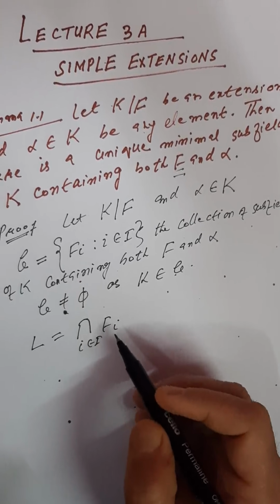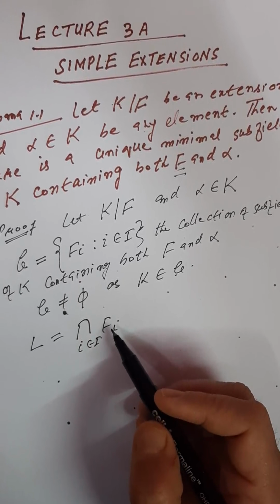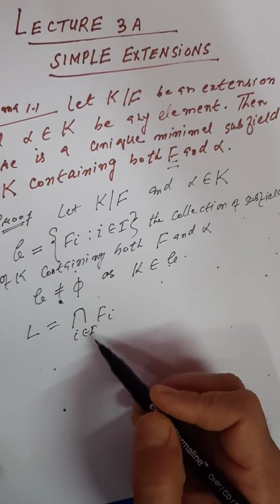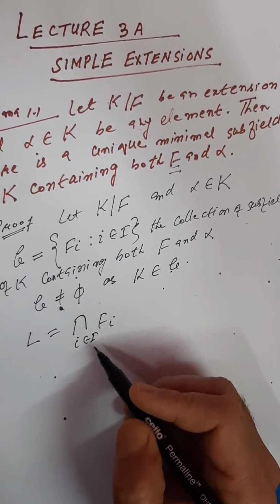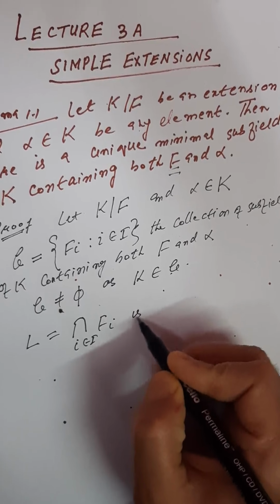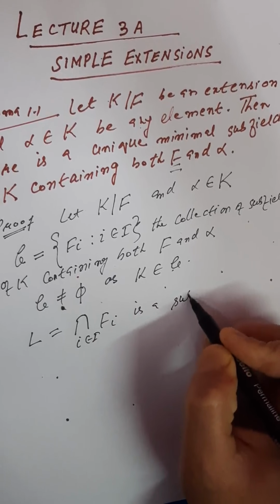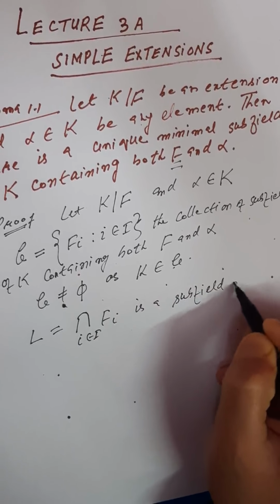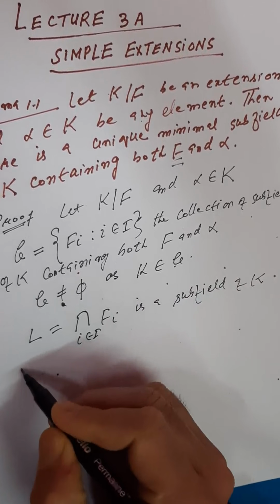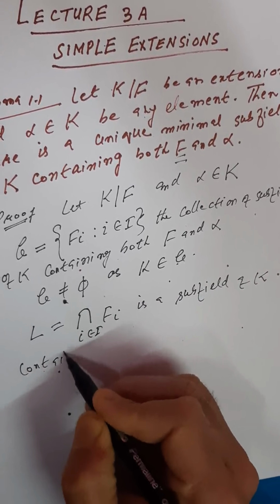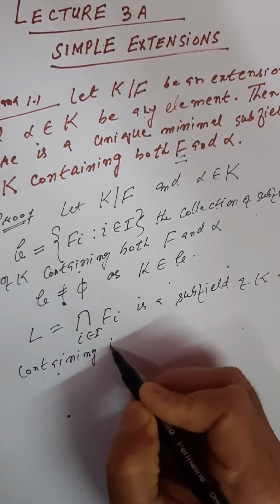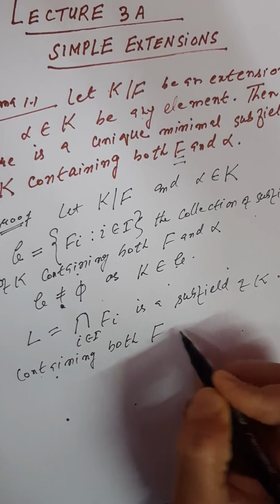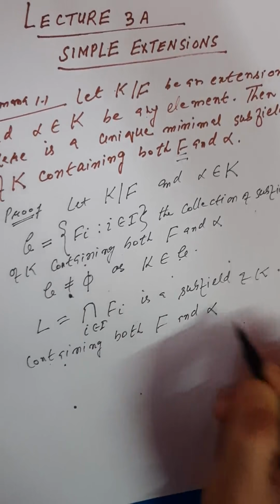Then obviously we know that the intersection of any number of subfields is a subfield. So therefore L is a subfield of K containing both F and alpha.